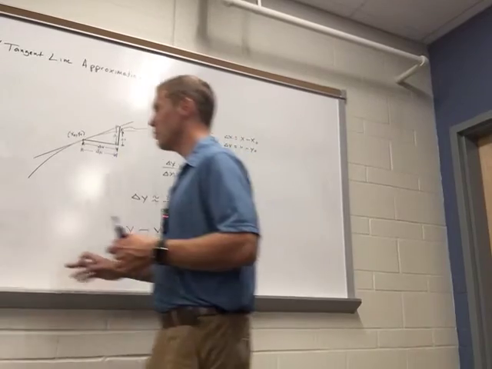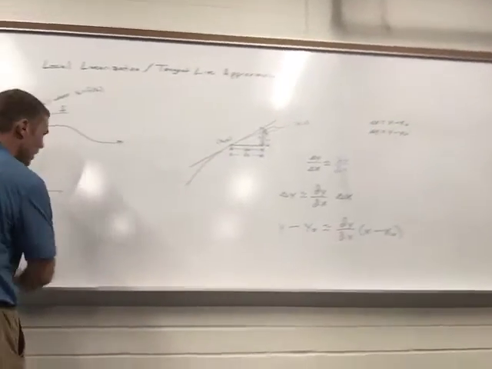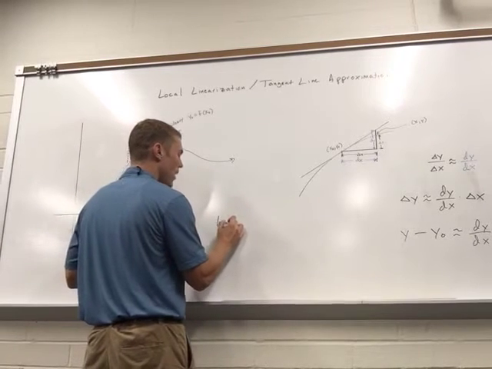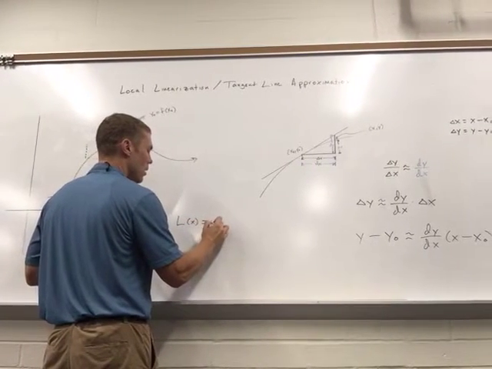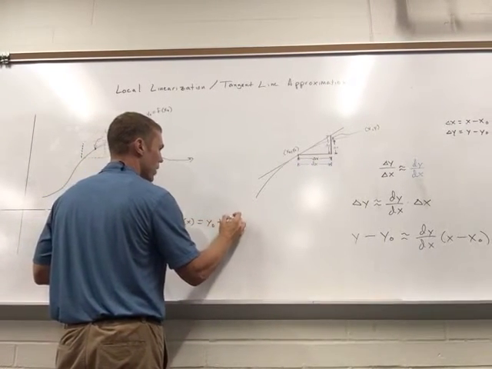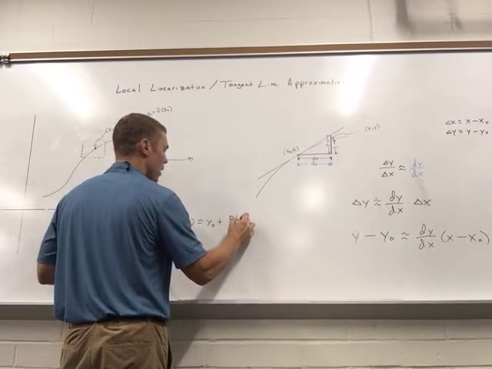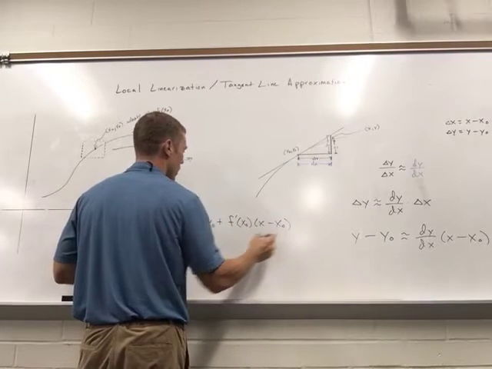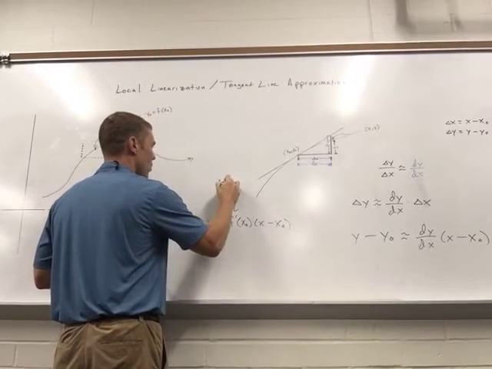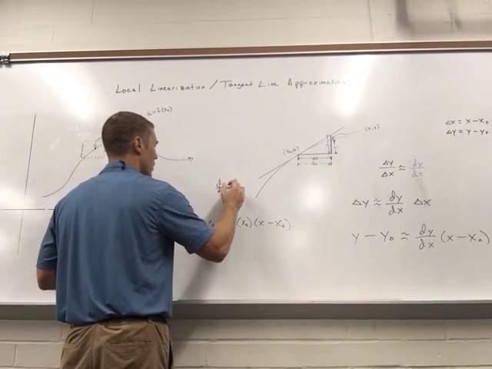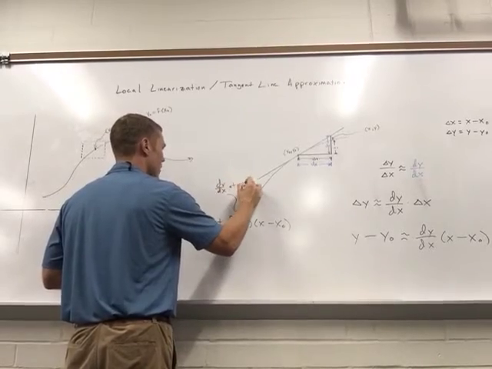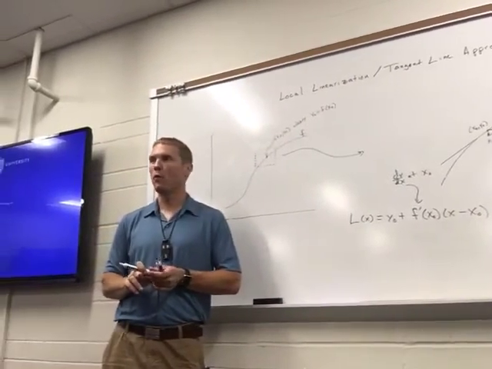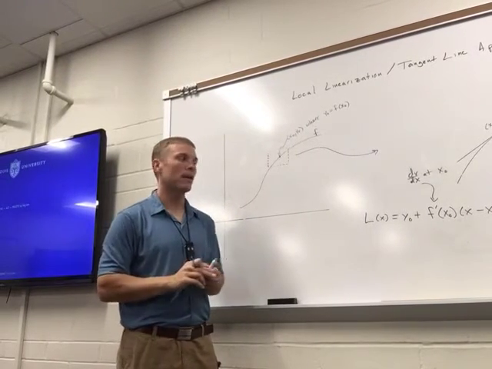And this is typically written as: you get a new function y, which I'm going to call L of x, equal to y naught plus f prime of x naught times x minus x naught, where this is dy dx at x naught. And this is our formula for the tangent line approximation.